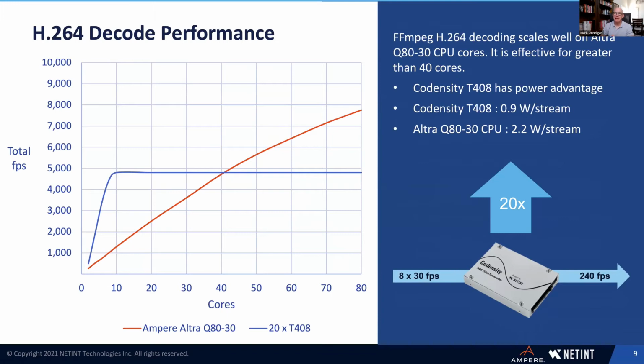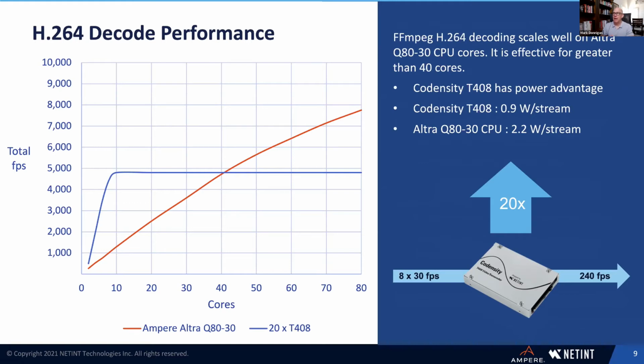You can say, yeah, but that means if I'm running less than 10 cores to maintain the operations of the T408s, then I can be doing a lot of other work on the CPU, and that's exactly right.